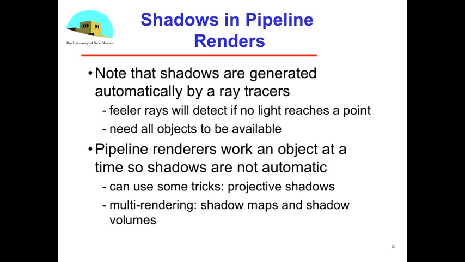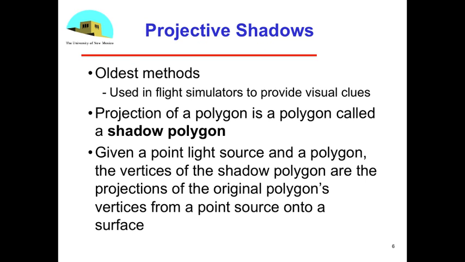But let's look at the oldest technique, which is called projective shadows, due to Jim Blinn, who created many of the techniques we have during his career. He was at the Jet Propulsion Lab, and many of the early visualizations you saw of the early space probes and images of the planets were really done by him.